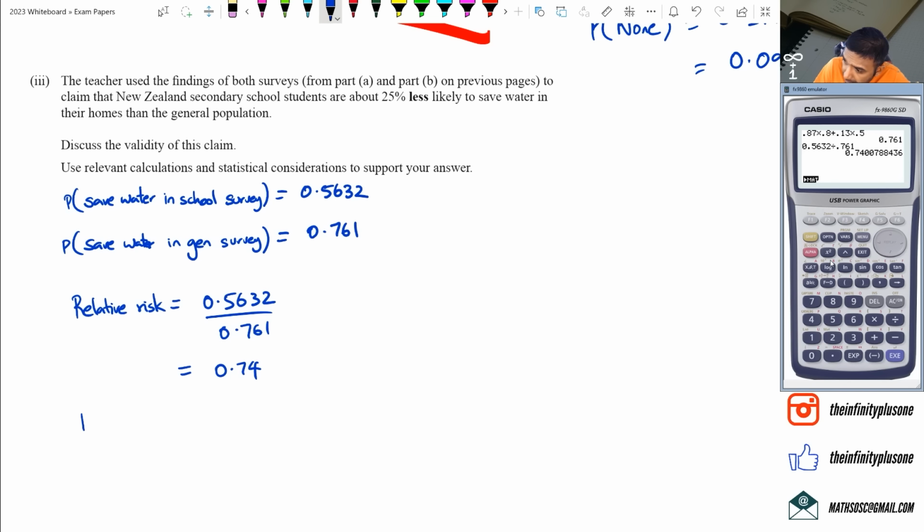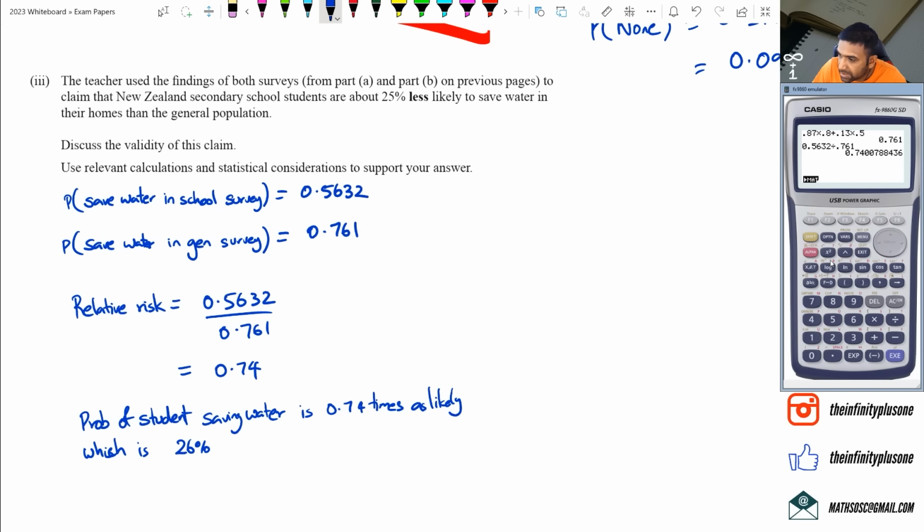So we can kind of say that probability of students saving water is 0.74 times as likely, which is 26% less likely, right? Just gonna write that down. Oh God, talk about spelling mistakes today.